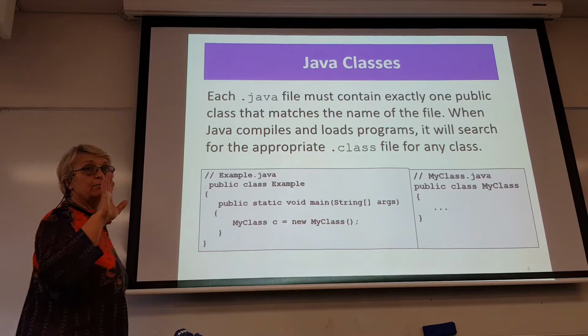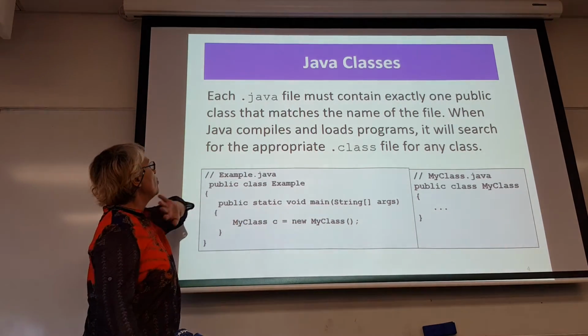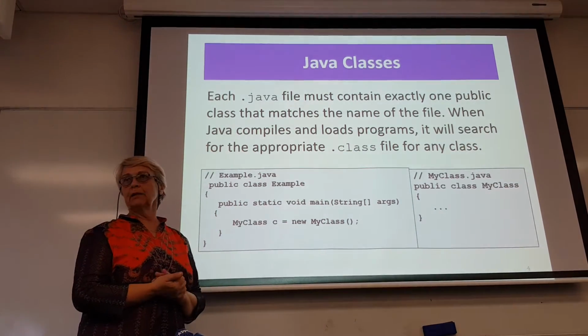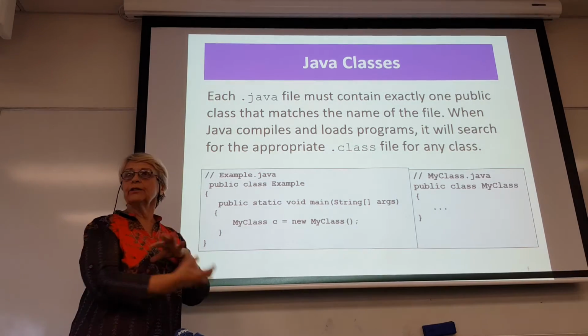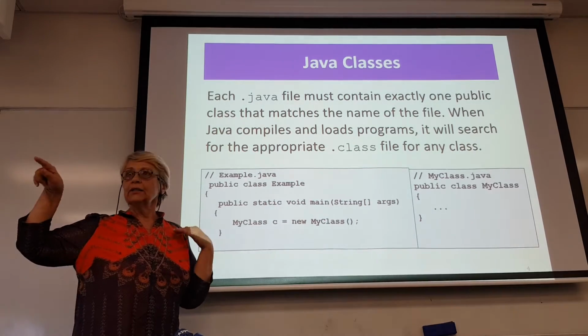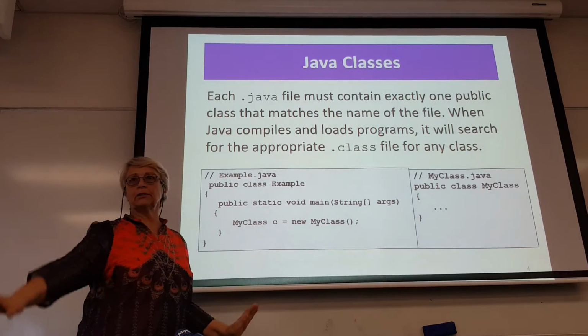First rule, and be aware for your optional assignment: only one class in a file can be public. So if you plan to put more classes in your file, and you will have to do it according to the assignment specification, for your optional assignment you have to put 6 classes.